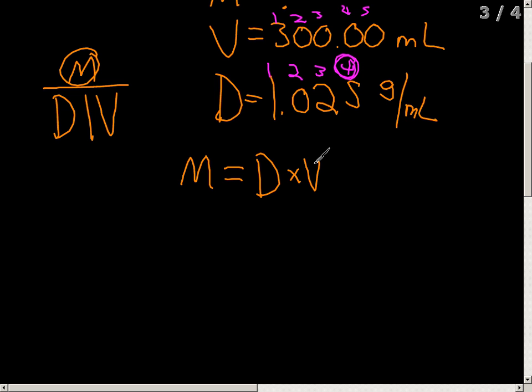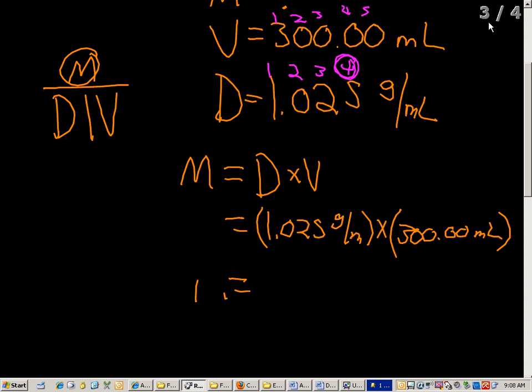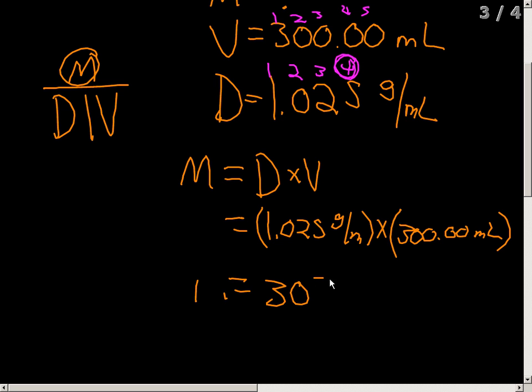So all I got to do is plug in my density, 1.025 grams per milliliter, times my volume of 300.00 milliliters. I plug it all in and I get that my mass has to equal 307.5 grams.